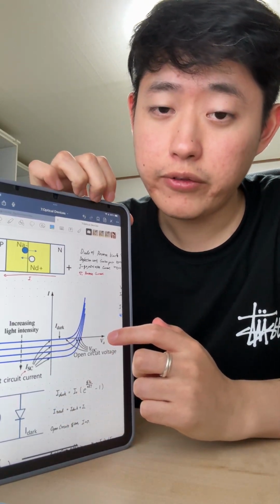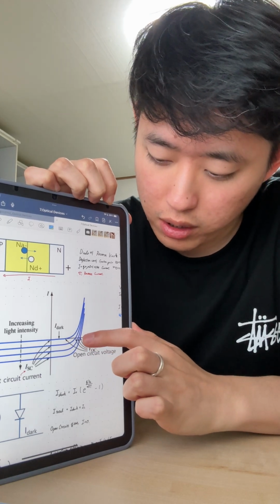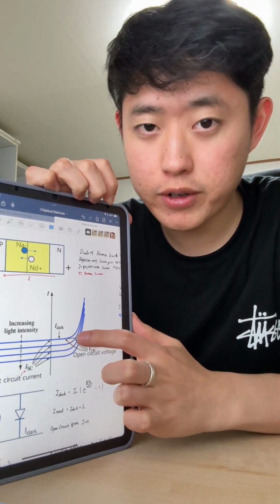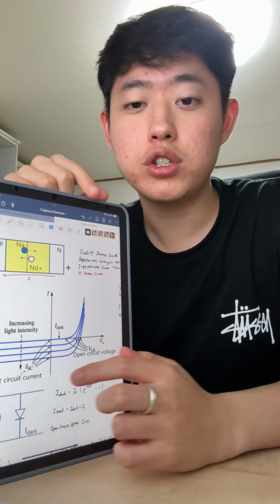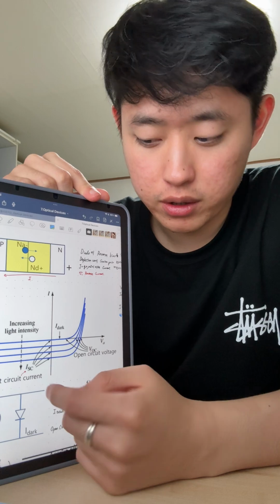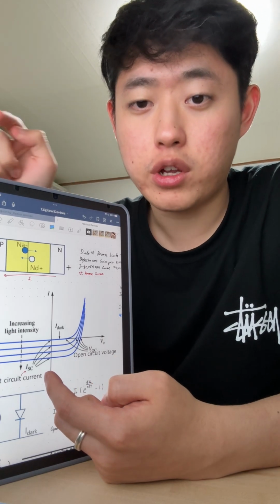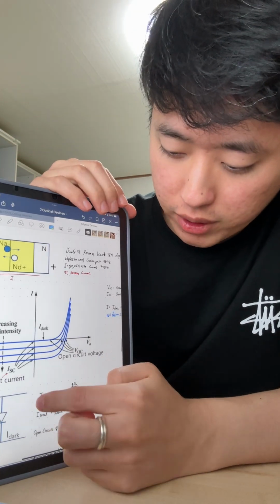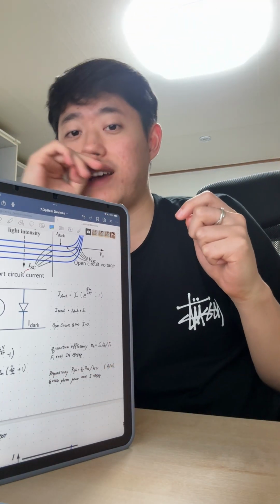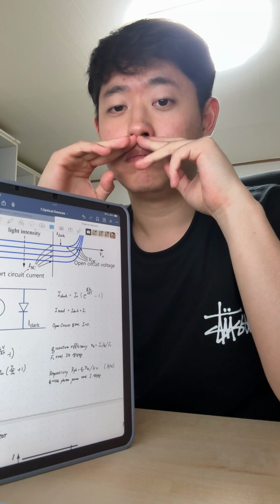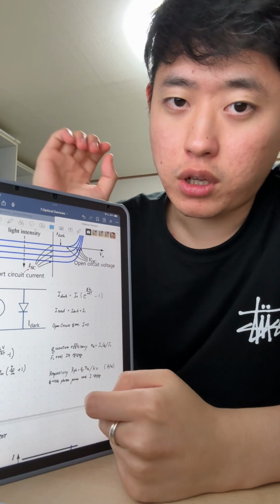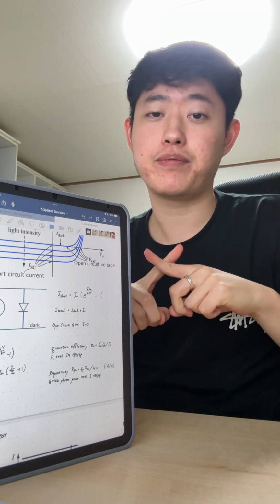So this is the graph, and when current is 0, this point is the open circuit voltage, and when voltage is 0, this will be the short circuit current. Okay, and for a solar cell, dark, no light current.